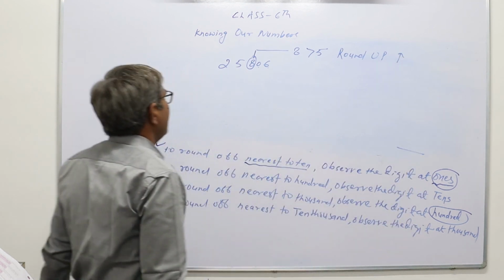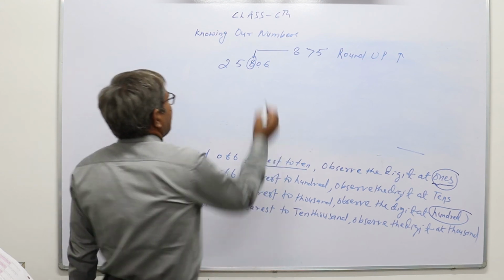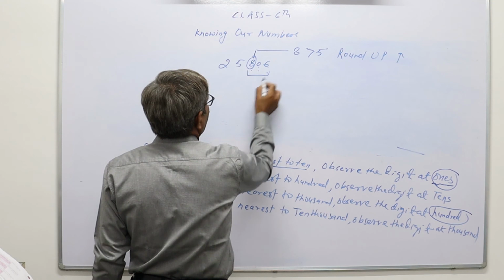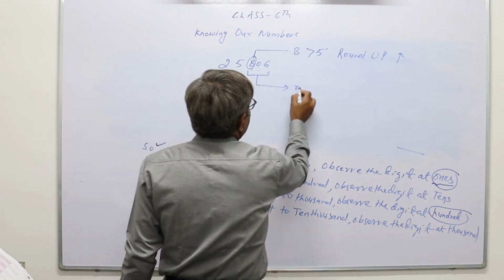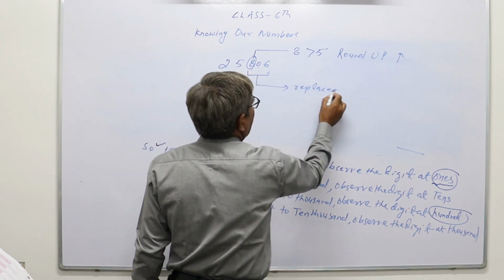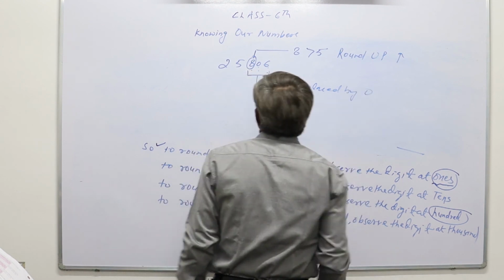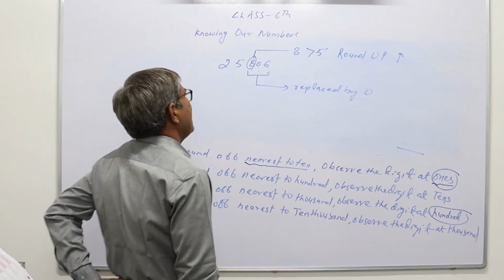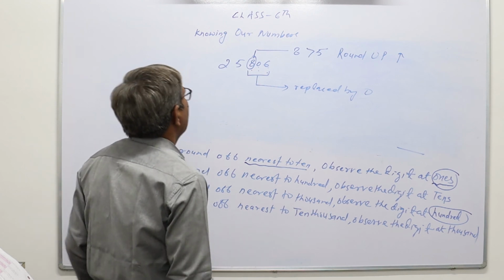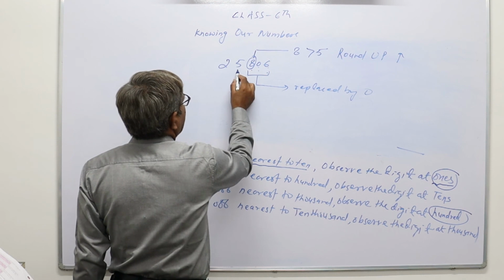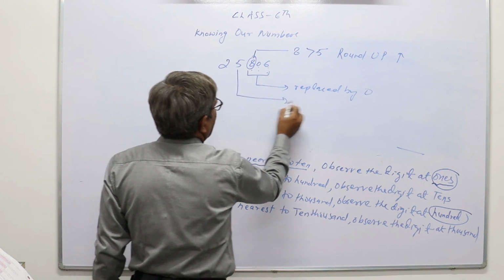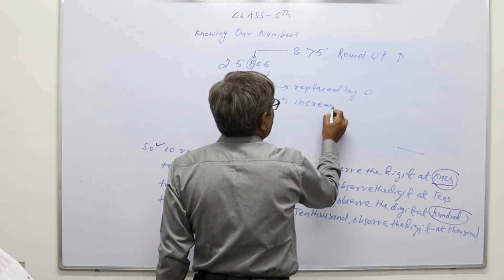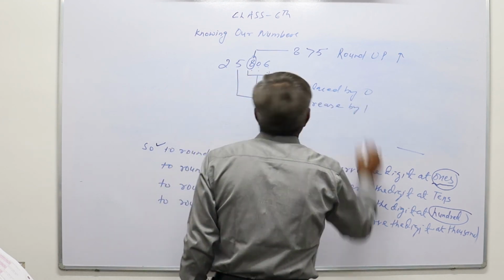To round up nearest to 1000, the digits at ones, tens and hundreds, these three digits, will be replaced by 0, and since the hundreds digit is 8, which is greater than 5, the digit at thousands place will be increased by 1.